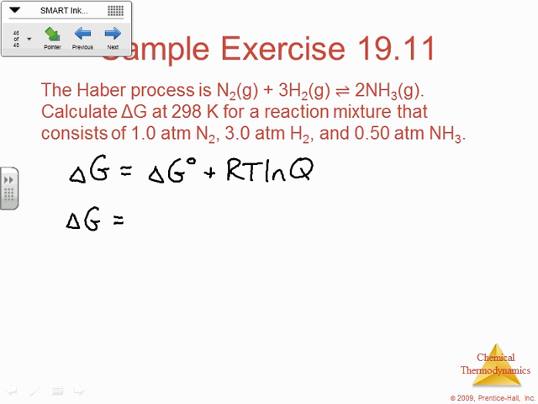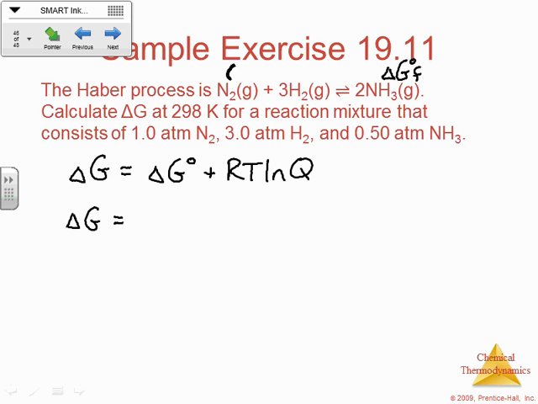What if I had a delta G of formation for the NH3? Would that work? Because I don't need the delta G of formation for these two because these are just elements, right?